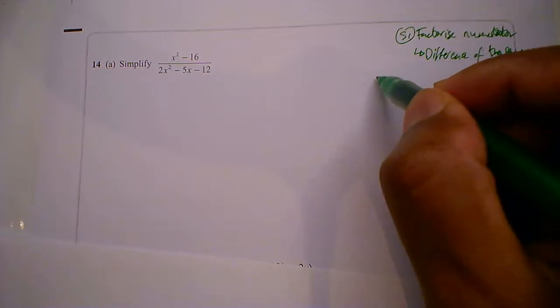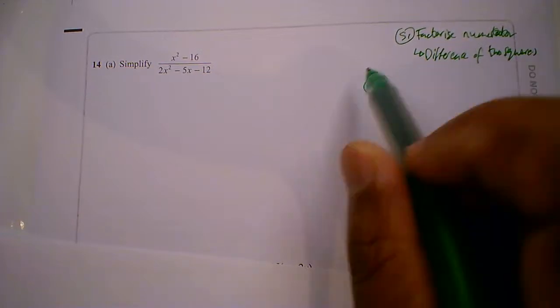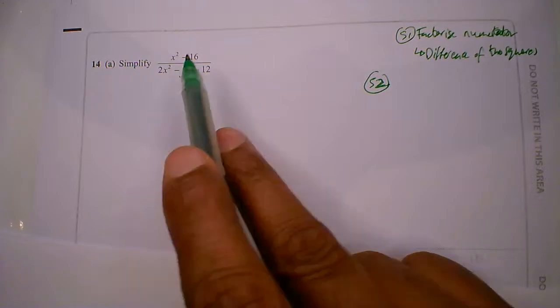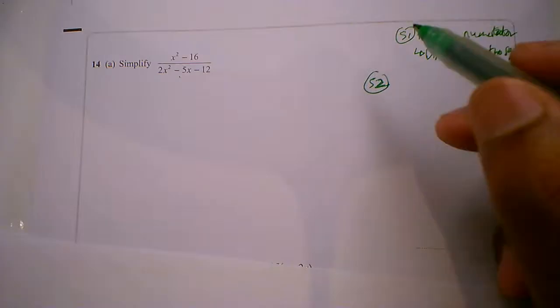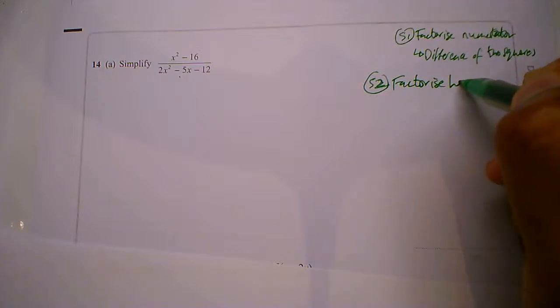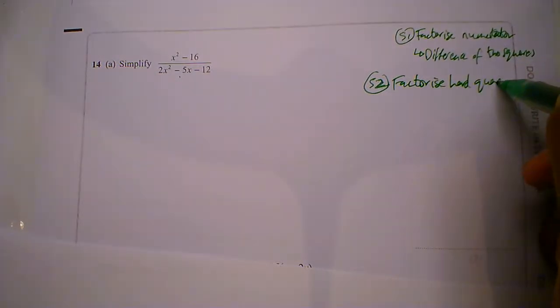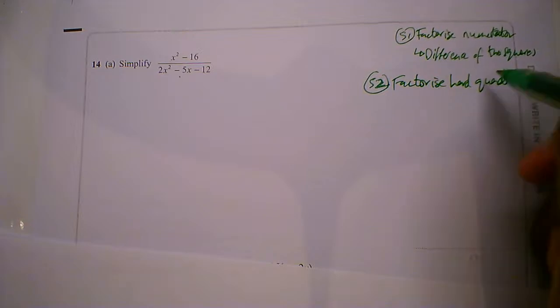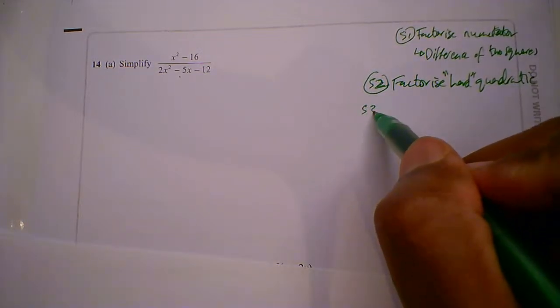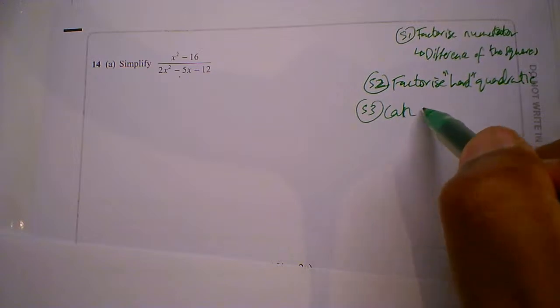Step 2 is I then have to factorize the denominator. Now my answer to part A will help me. So this is factorizing a hard quadratic. Okay, I'll put this as hard. And then step 3 is they will cancel out.